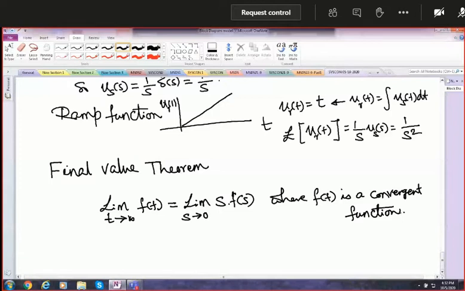So if you have any function, its final value will be the limit of s tending to 0 of sF(s).